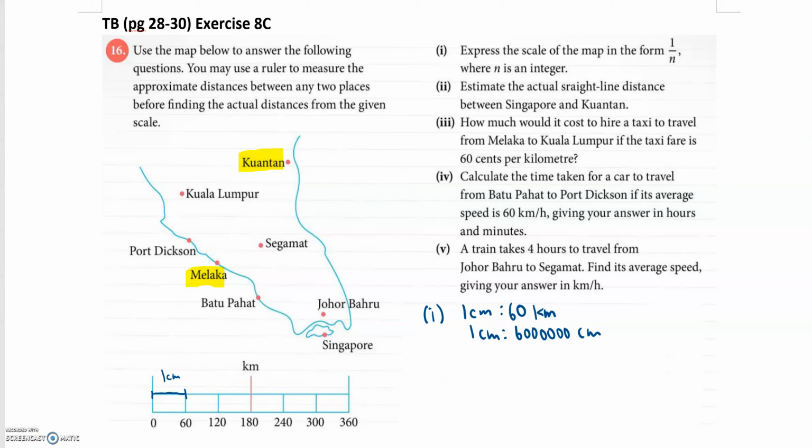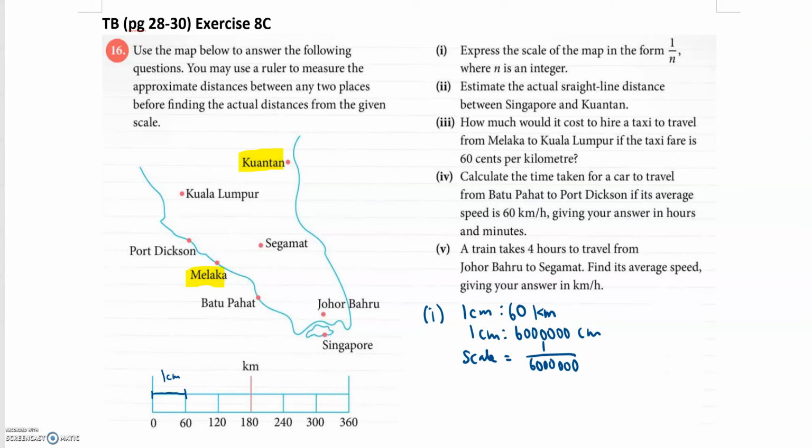If I want to change the scale to the form 1 over n, therefore my scale of the map would be 1 over 6 million.